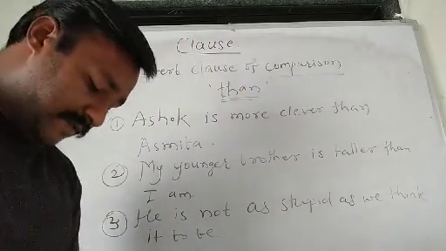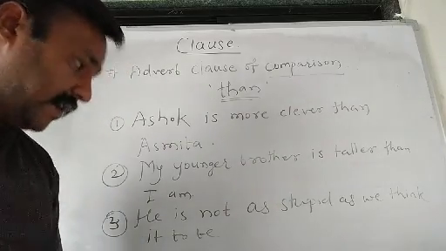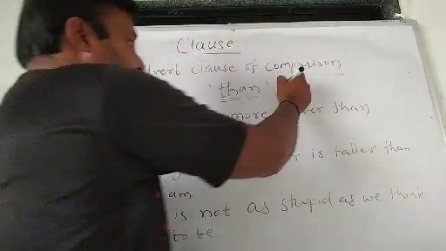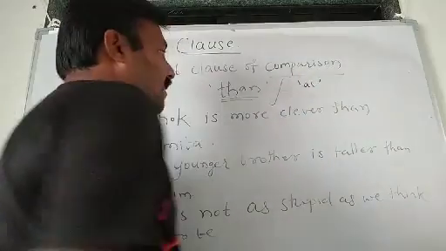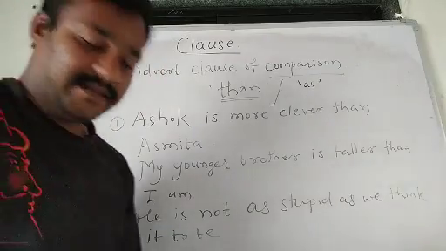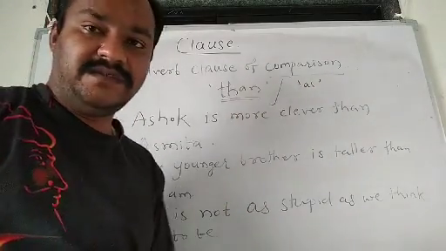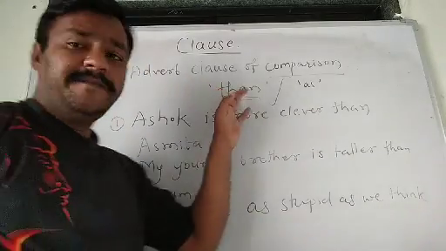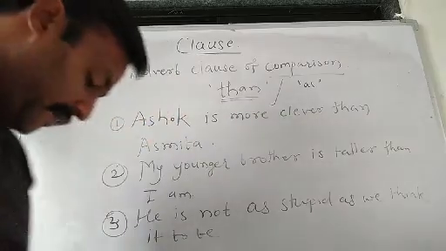So this is also comparison. He's compared that particular thing. Then this adverb clause of comparison may be introduced by than or as. Sometimes as is used, but most of the time only than is used for showing adverb clause of comparison.